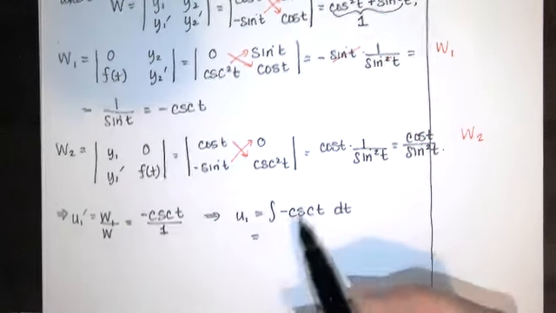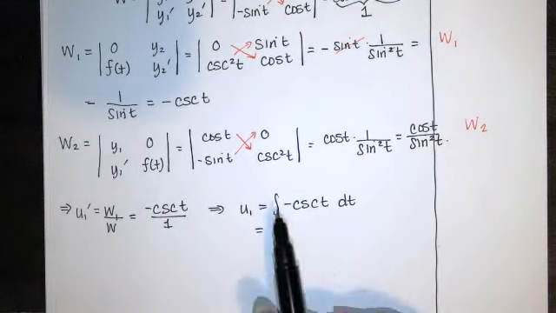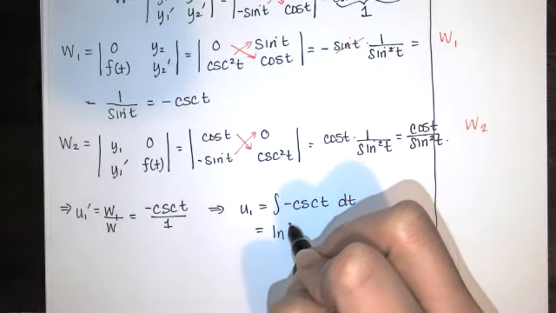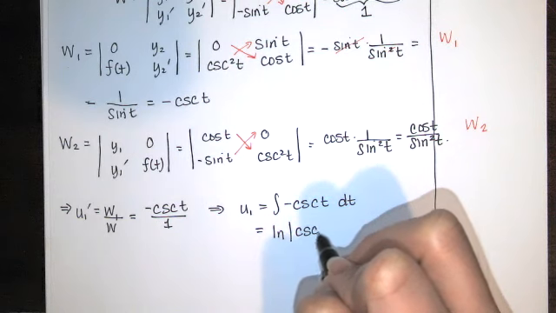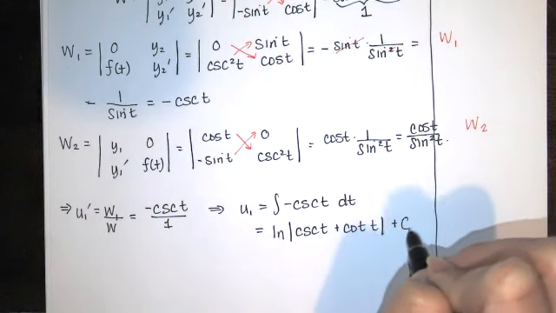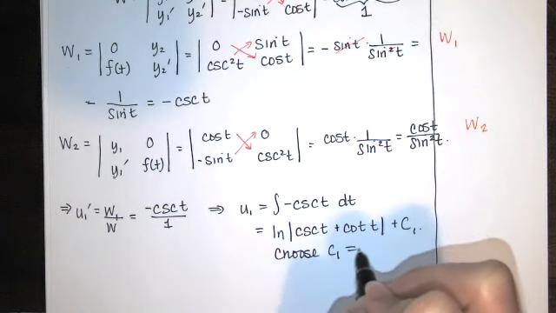Well, the antiderivative of cosecant of t is a negative 1 times a logarithm. The negative times the negative will make it positive. So it'll be the logarithm of the absolute value of cosecant of t plus cotangent of t, plus a constant of integration. And we're going to choose that constant of integration to be 0.